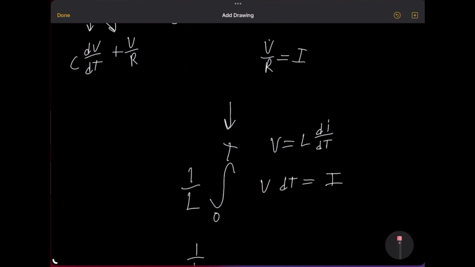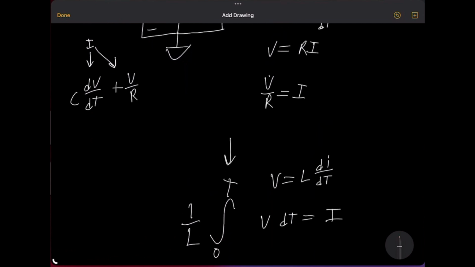Actually, before we grab the derivative of everything, we're going to plug it in, just for visual purposes. The integral from 0 to t of v dt, that's equal to I for an inductor, is equal to 0. Now we're going to grab the derivative of everything here.